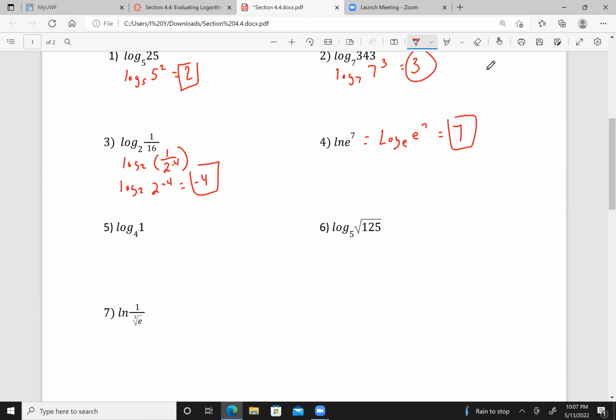Here I have log base 4 of 1. 4 to what power gives me 1? 0. Here I have log base 5 of the square root of 5 cubed, which is the log base 5 of 5 to the 3 halves, which is 3 halves.